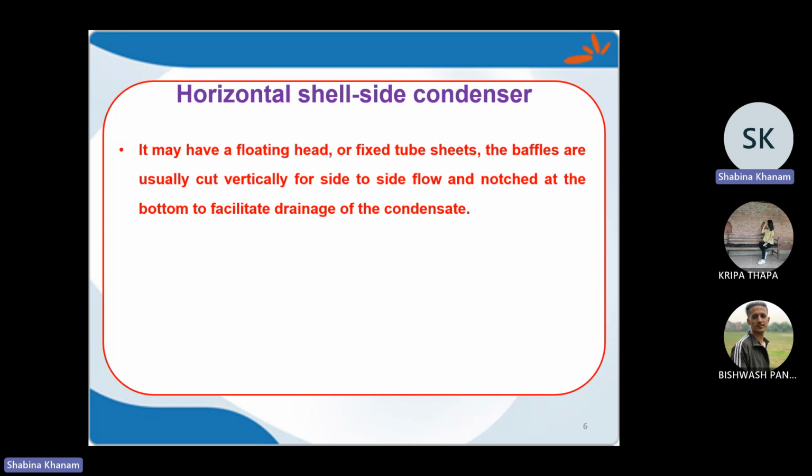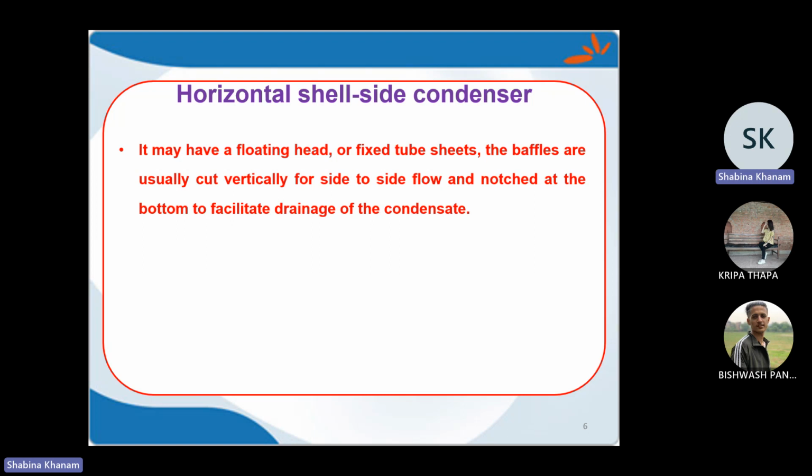But those tubes which are submerged in the condensate will not participate in heat transfer, because surface is not available for vapor to condense further. I hope you are getting my point. In that case, continuous removal of condensate is required.